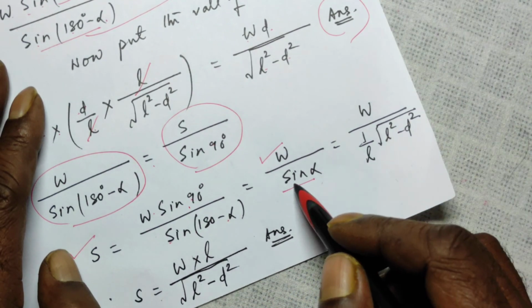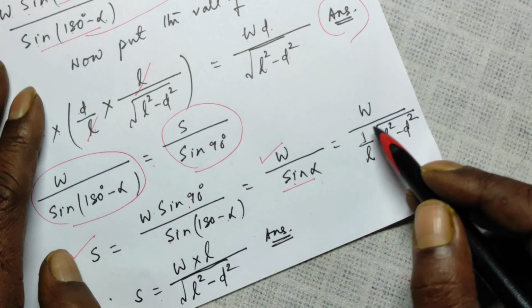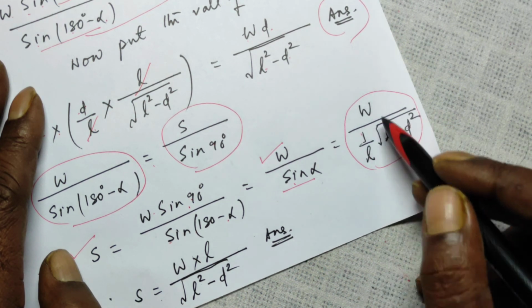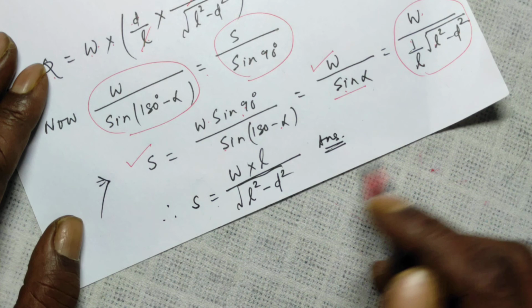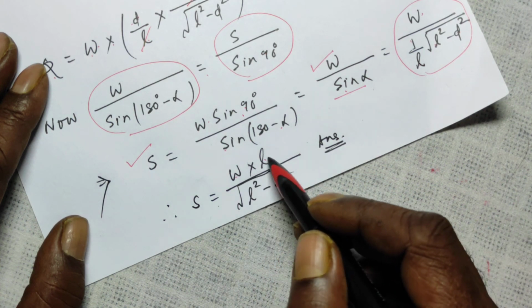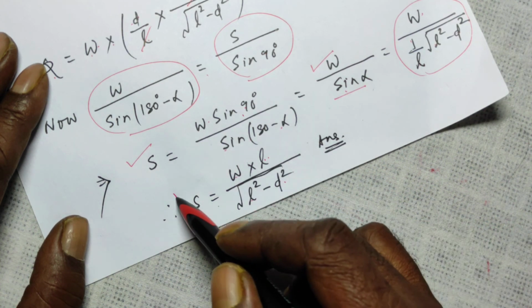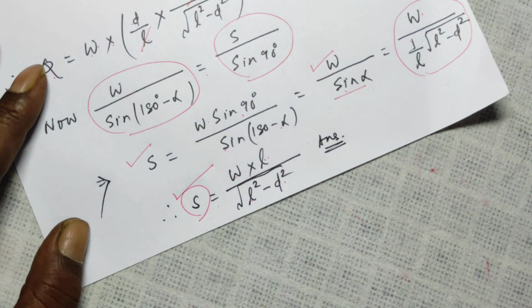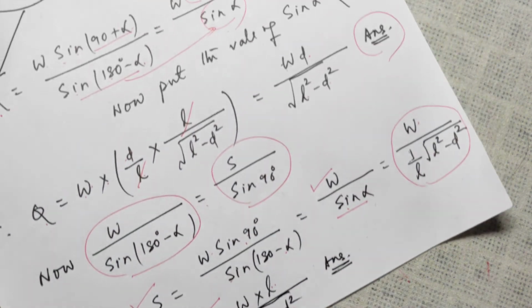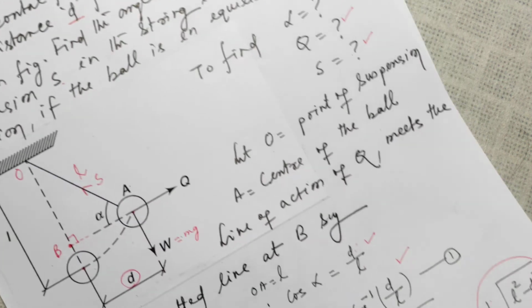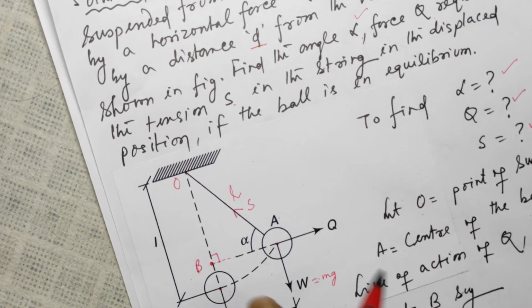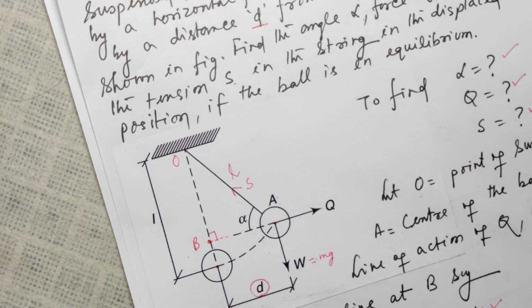Now put the value of sine alpha, 1 over L times the square root of L square minus D square. So L comes to the numerator. Your S becomes W times L over the square root of L square minus D square. That is the value of the tension in the string in this displaced equilibrium position of the ball.